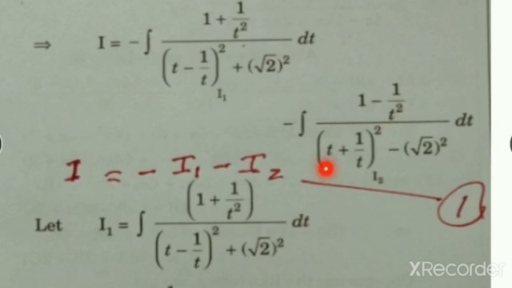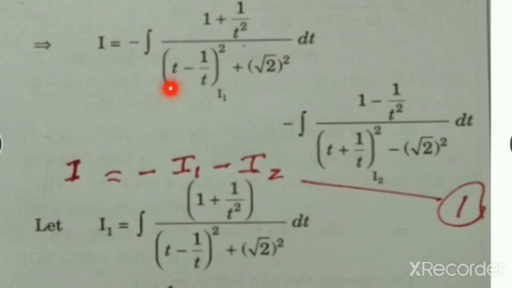Denominator is again t plus 1 upon t whole square minus 2 can be written as root 2 square. This first part is considered as I1. This is considered as I2. That's why we can write here I is equal to minus I1 minus I2. Let it be equation number 1. After calculating I1 and I2, we will substitute in equation number 1.